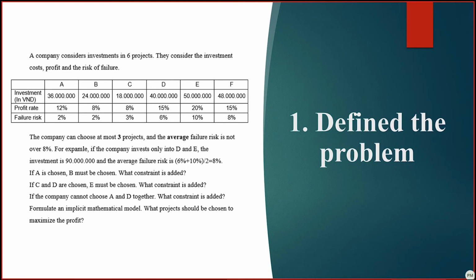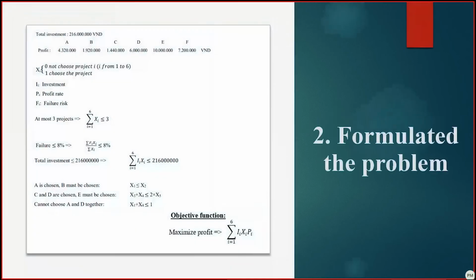More specifically, if the company invests only in D and E, the investment is about 90 million, and the average failure risk rate is about (6% + 10%) divided by 2, so we have about 8% in total. That accepts the condition to not exceed 8%.